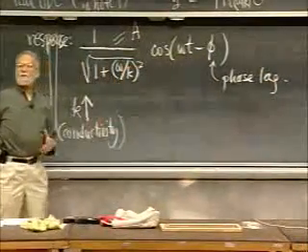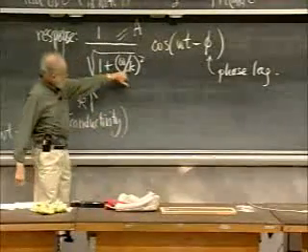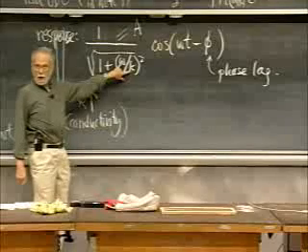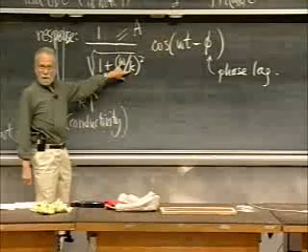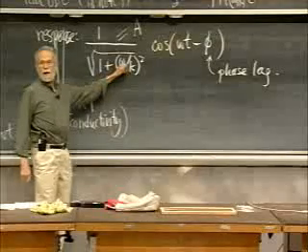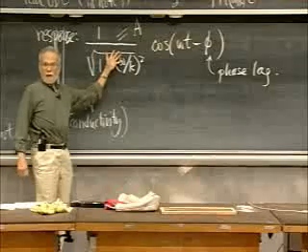In other words, how does this affect the response? And now you can see, if k goes up, this fraction is becoming smaller. That means the denominator is becoming smaller, and therefore the amplitude is going up.